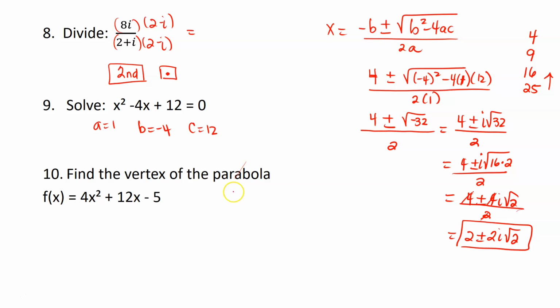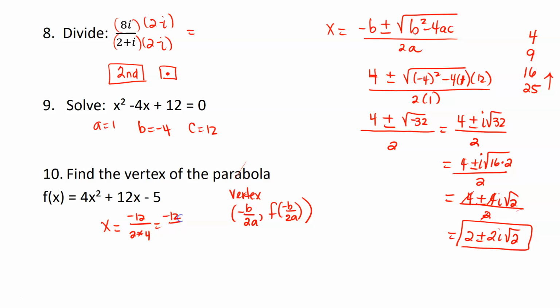For number 10, on the formula sheet, you have a formula that says vertex. It has negative b over 2a, and then it has f of negative b over 2a. What this means to do is to get your x-coordinate, take negative b divided by 2a. So I would have negative 12 over 2 times 4.